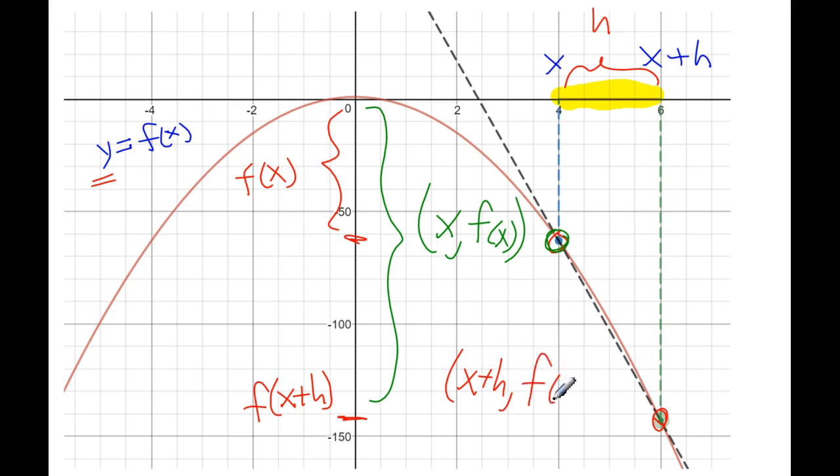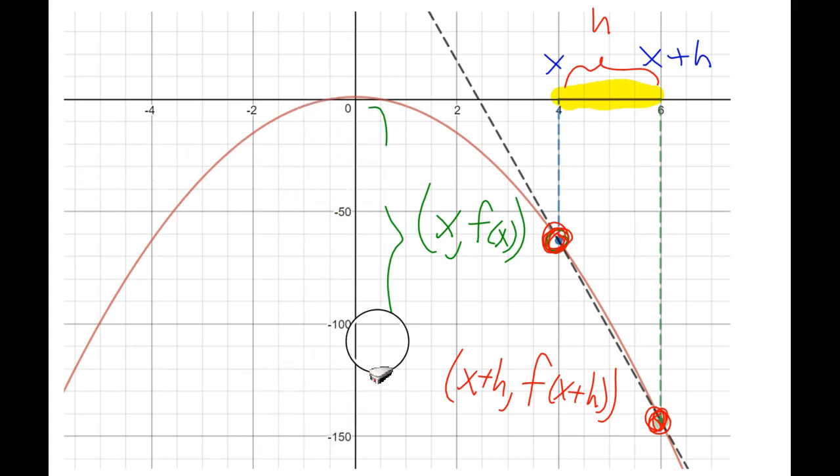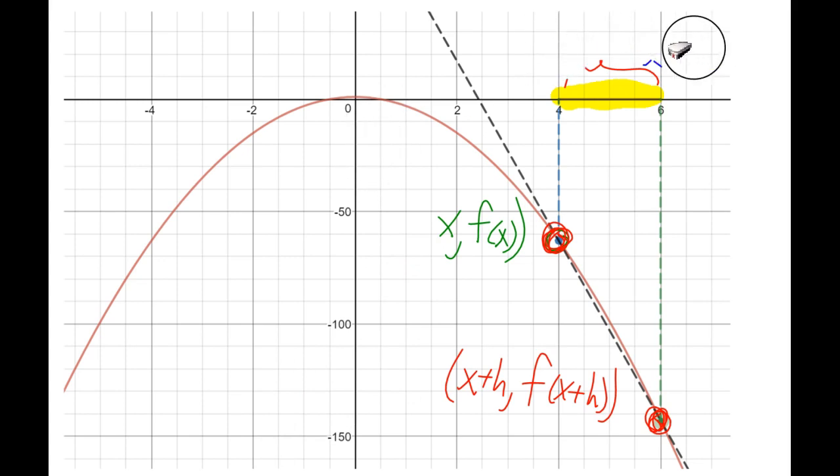That's the y coordinate that goes with it. So we've got 2 points here, and if you have 2 points, you can find the slope between those 2 points. What's the slope between these 2 points? We're just going to plug the coordinates of those 2 points into the slope formula, and we'll get the difference quotient.